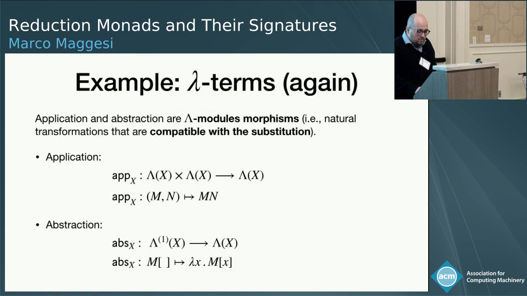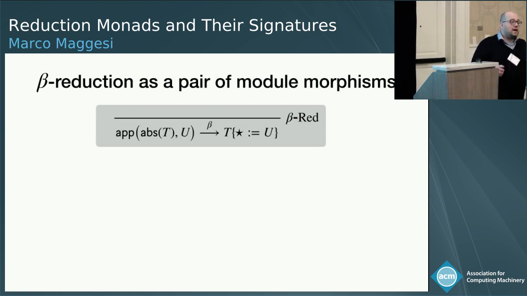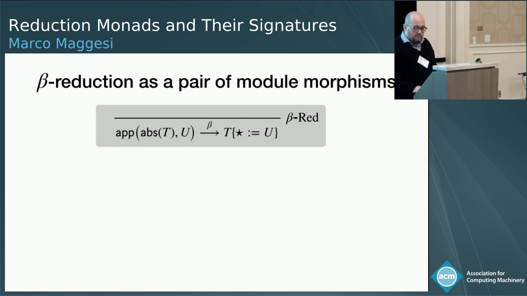And the second example is beta reduction. We can see beta reduction as a couple of module morphisms. So we have two module morphisms, one for the left-hand side and the other for the right-hand side. Everybody knows how beta reduction works.